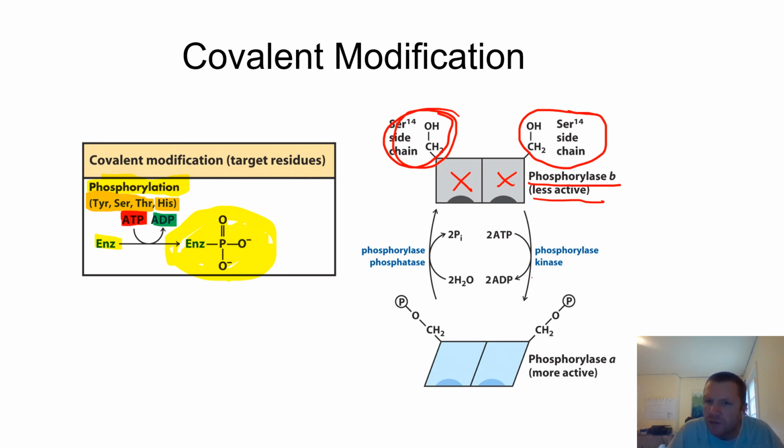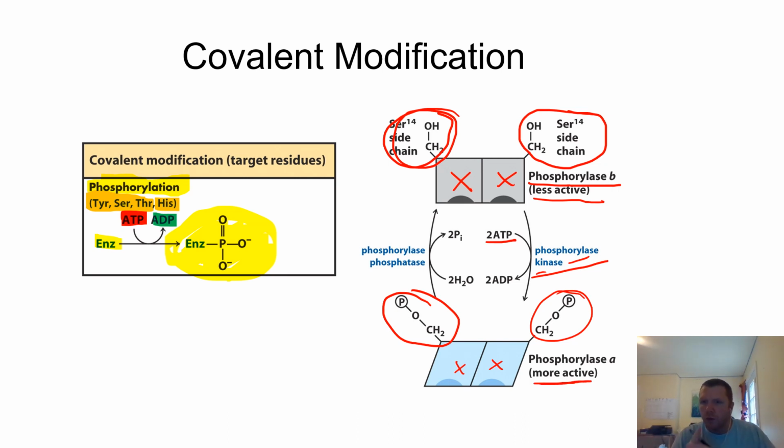An enzyme known as phosphorylase kinase is going to transfer two phosphate groups from two ATP molecules. It's going to put those phosphate groups on both serine number 14s on each one of those proteins that make up our phosphorylase A dimer. Okay, that will make an active form of the enzyme.